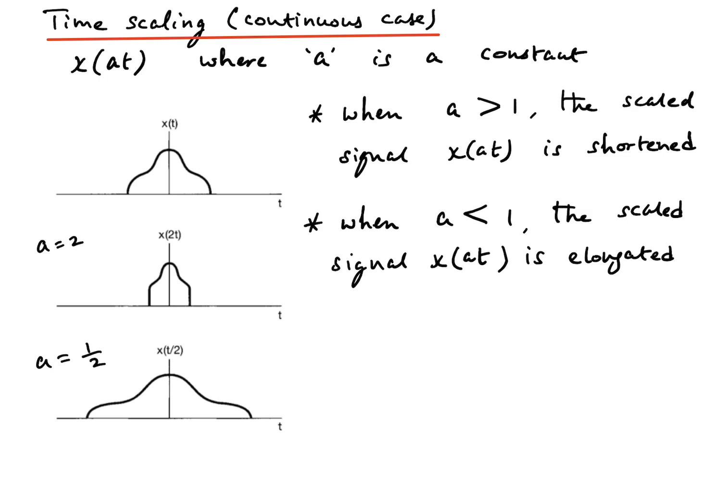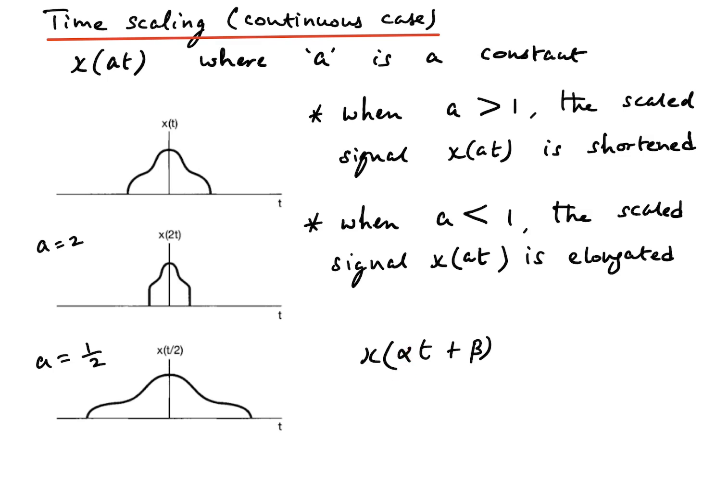Now, more often than not, we will come across situations where all these three operations would be happening to a particular signal. So, when we have all these three operations together, we can denote that transformation as x of alpha t plus beta. Okay, I used the letter a in this example, but when we combine this together, I'm going to use the letter alpha.